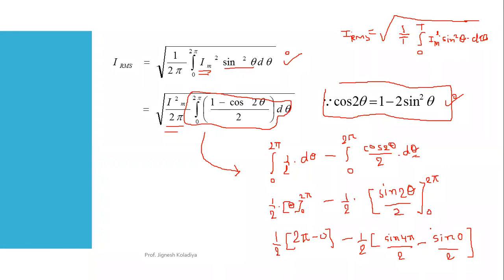And we know the value of sine 2 pi, 4 pi all are 0, and sine 0 is also 0, because if you look at the waveform it will look like this.